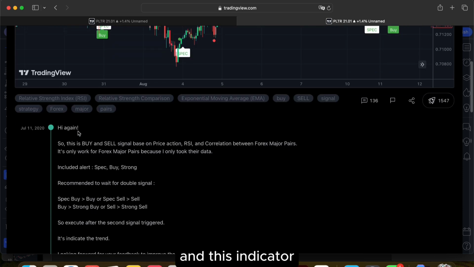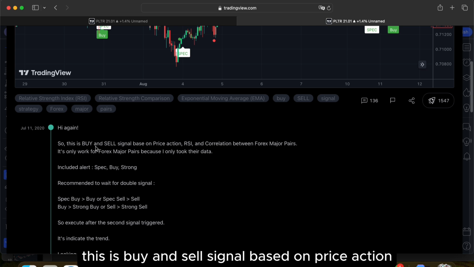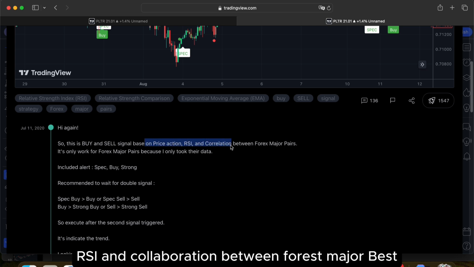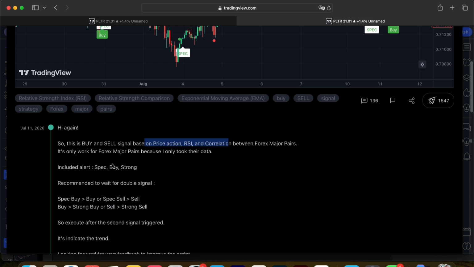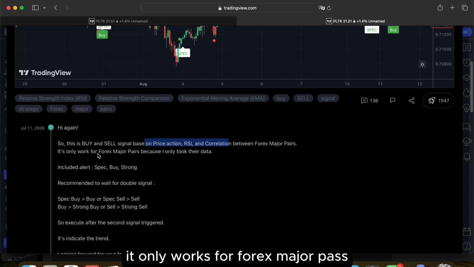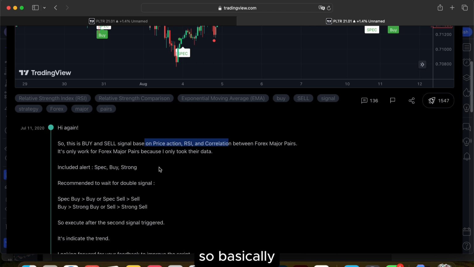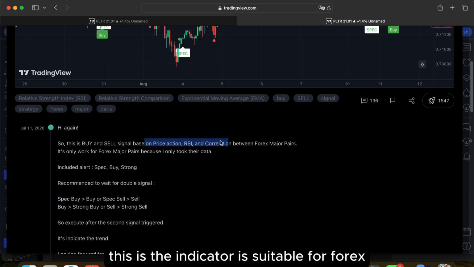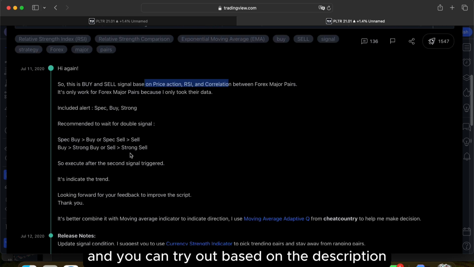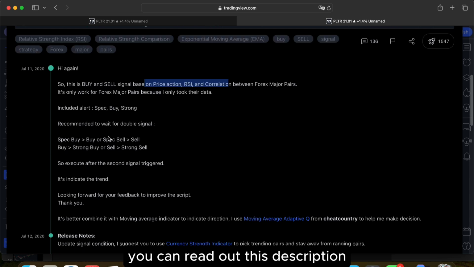This indicator gives buy and sell signals based on price action, RSI, and correlation between Forex major pairs. It only works for Forex major pairs because I only took their data. So it is suitable for Forex, and you can read this description.